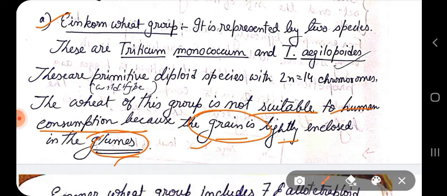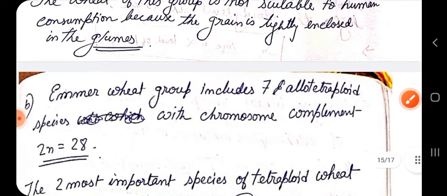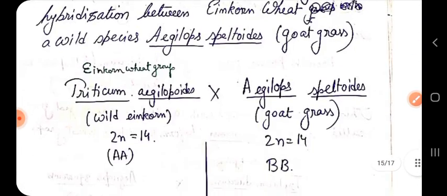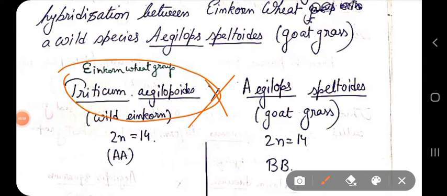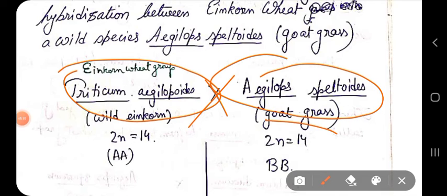So the Einkorn wheat group is cross pollinated with a distinct variety of goat grass known as Aegilops speltoides. You can see it on the next page. Triticum aegilopoides, or Triticum monococcum, is cross pollinated with this goat grass Aegilops speltoides.